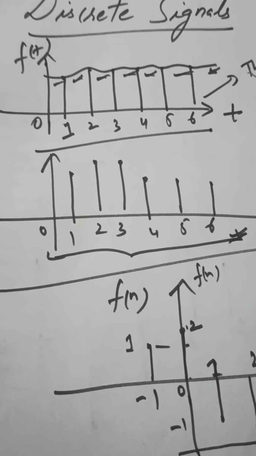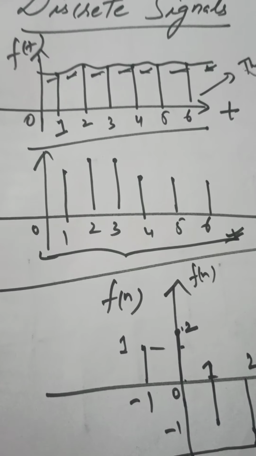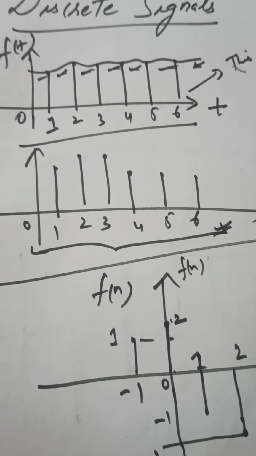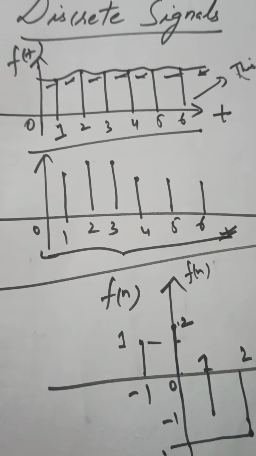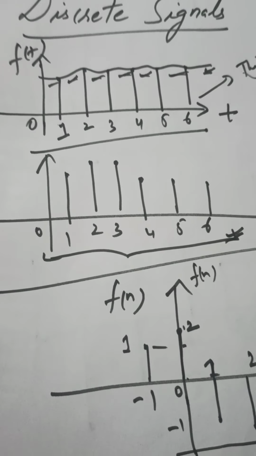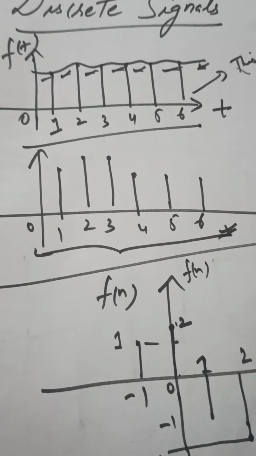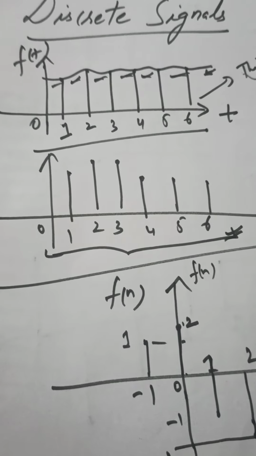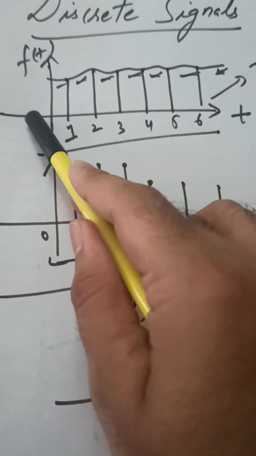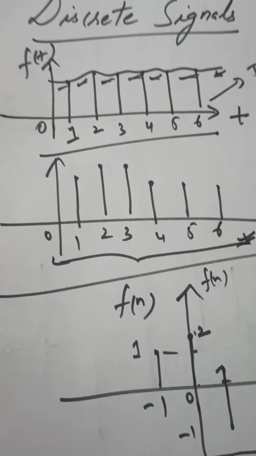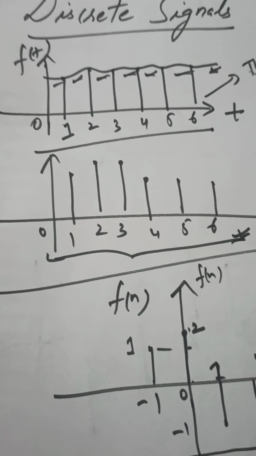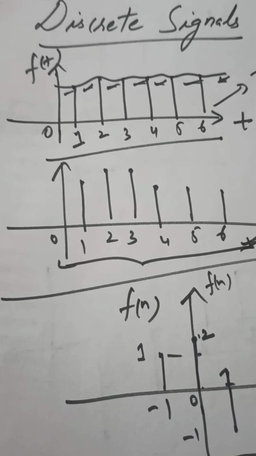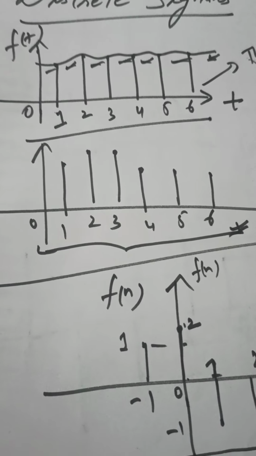Clear? Now, what is the necessity of this discretization? Why is discretization required? It is very easy to understand. I had already explained this thing. Now, a little bit of basics that is very important: whenever we discretize a signal, we will observe that the discretized version may miss some important information.